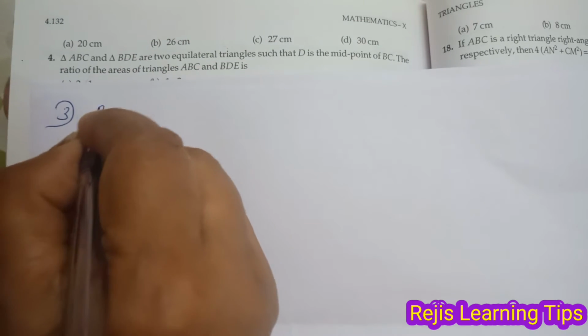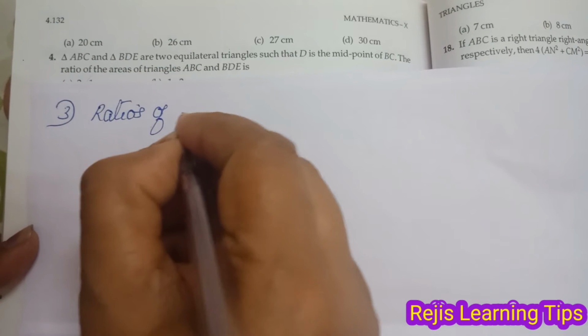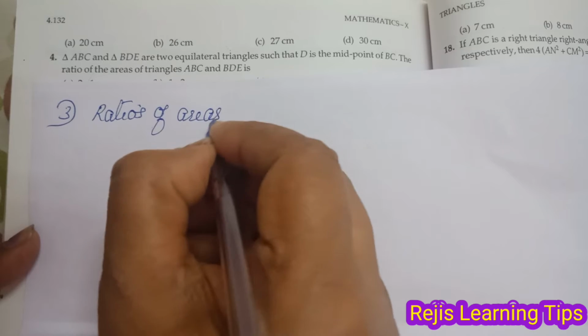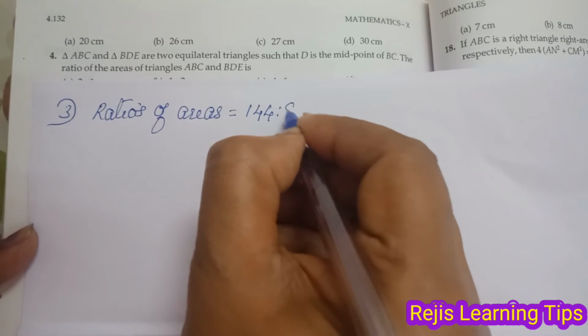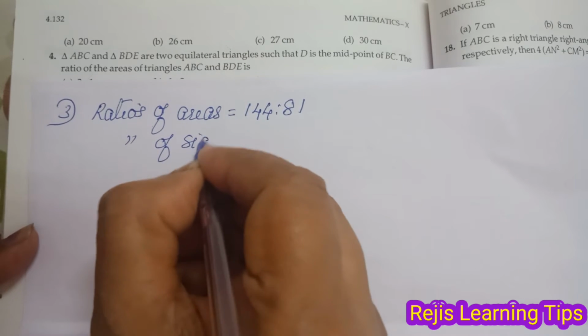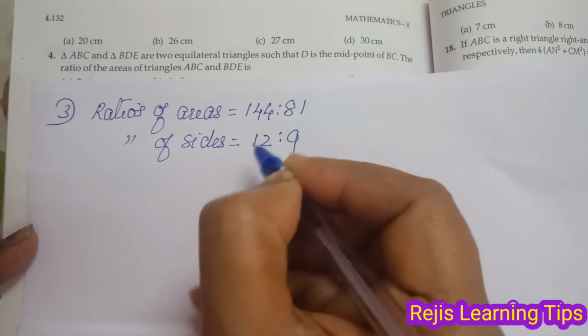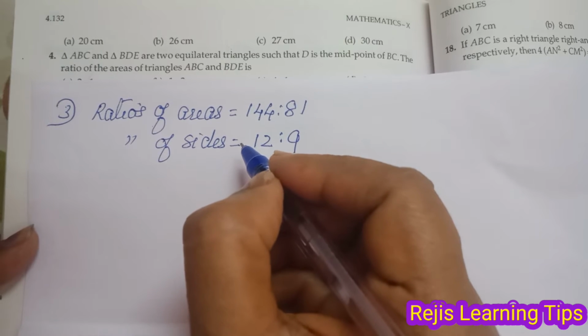Then the ratio of areas is equal to 144:81. Then the ratio of sides is equal to 12:9.